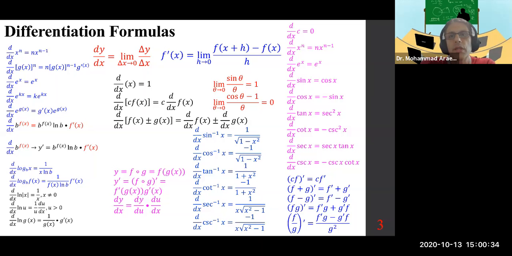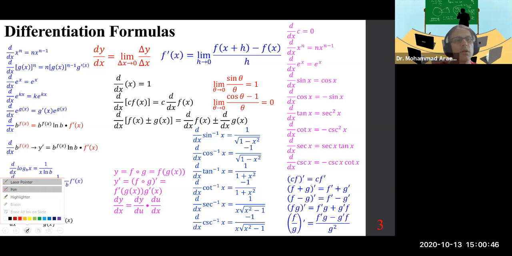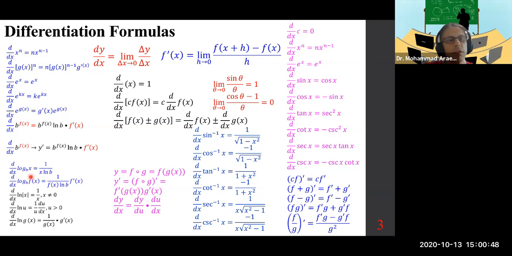A lot of formulas here. The only new ones are at the bottom left, that we are going to cover regarding logs. These formulas, again, will be discussed shortly as to how we arrive at them.